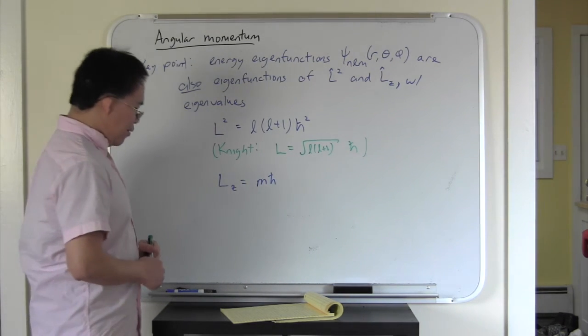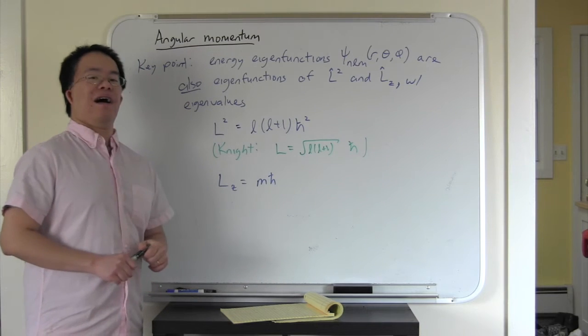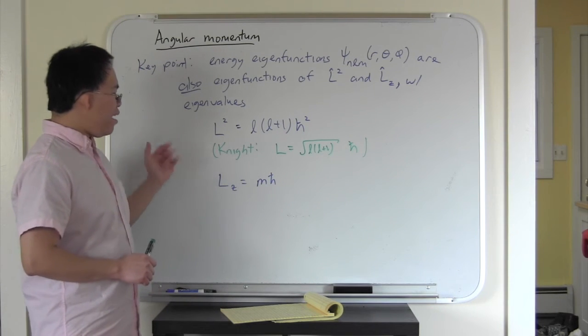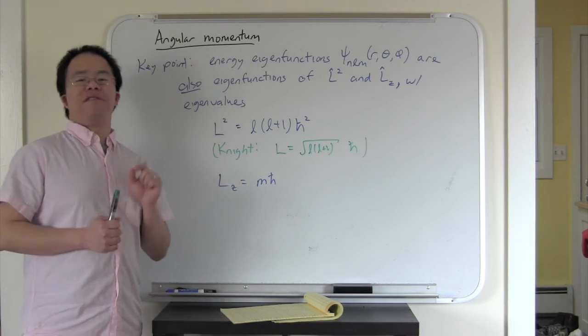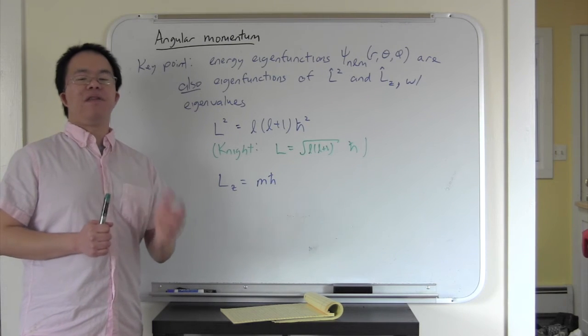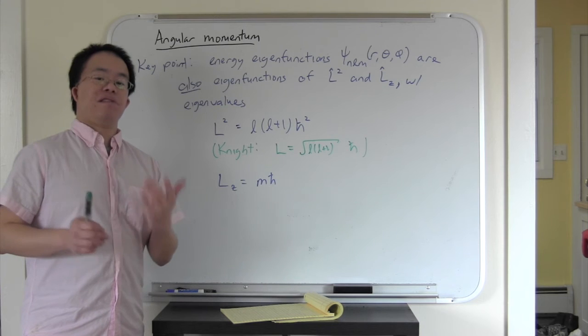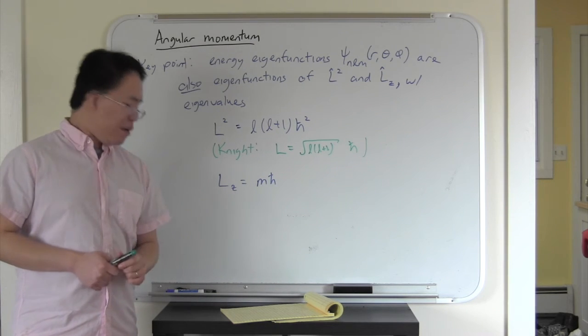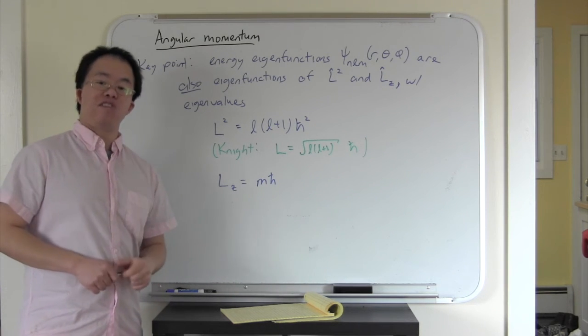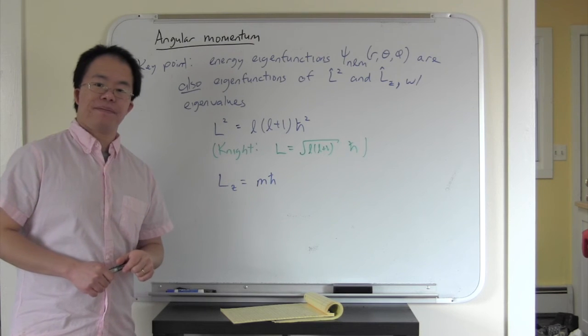Okay. Now, if you look at these eigenvalues, there's a physical consequence in them about the direction of the electron's angular momentum. Let's take a minute to do a clicker question where you think about that.